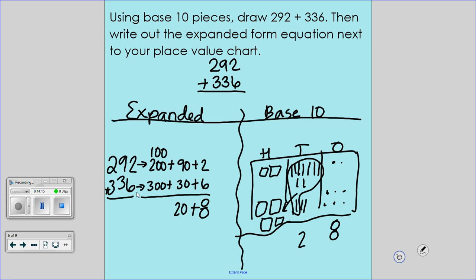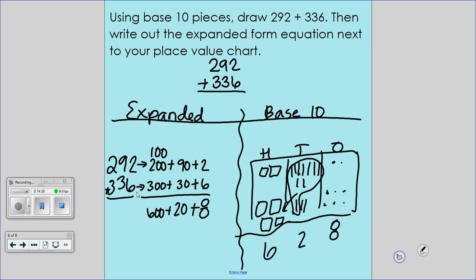Okay. Back over to base 10. If I was doing base 10 drawings, I'd count all my hundreds. 1, 2, 3, 4, 5, 6. Gives me 6. Again, if I'm doing expanded form, 100 plus 200, I know it's 300. And 300 plus 300 is 600.